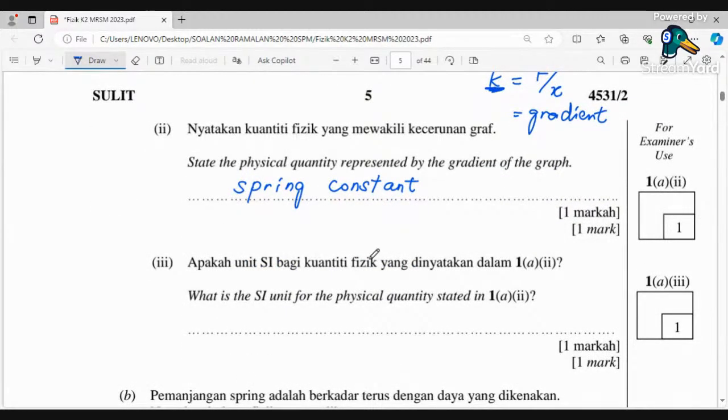What is the SI unit for the physical quantity stated in 1a(ii)? So k equals F divided by x. F is in Newton, x is in meter. So the SI unit is Newton meter to the power -1.